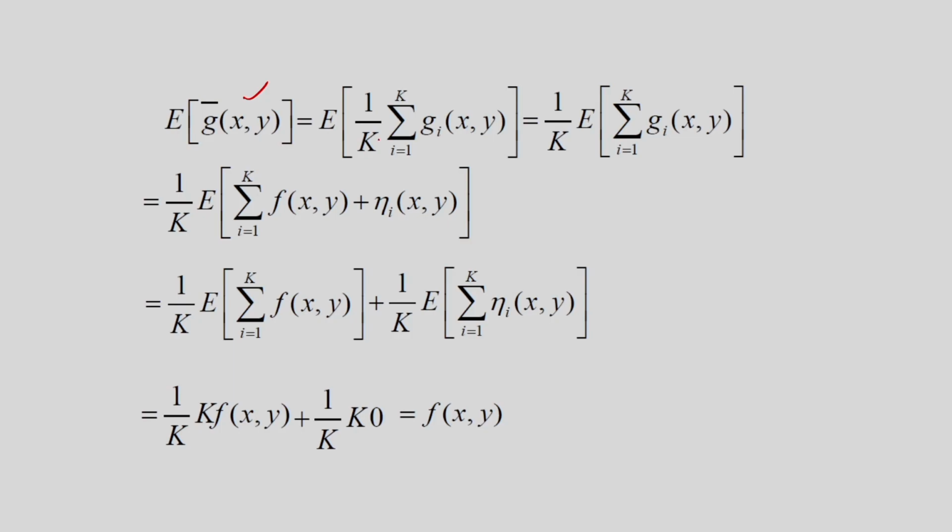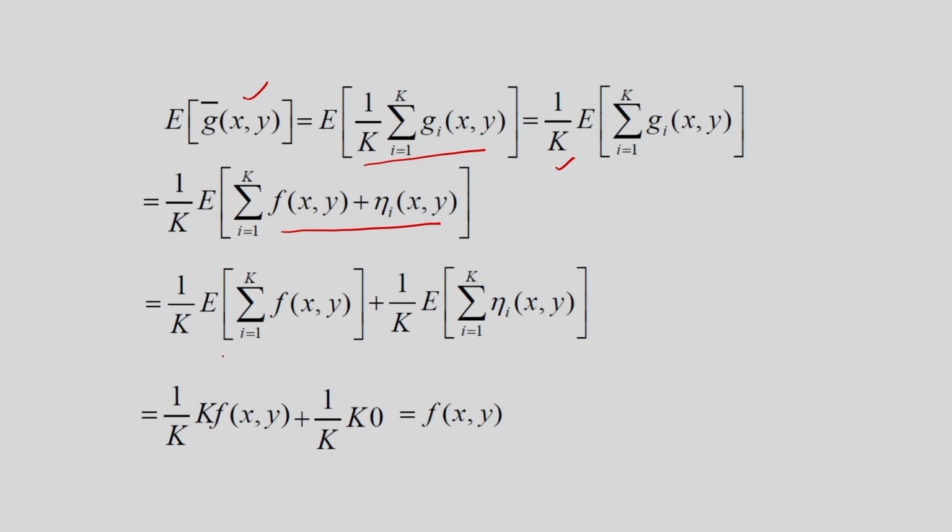So if you see, it is the expected value of 1 by k, this expression. In place of g mean I am putting this expression, and since 1 by k is constant, I am taking it out from the summation, and after this in place of g_i(x,y) I am putting f(x,y) plus noise.